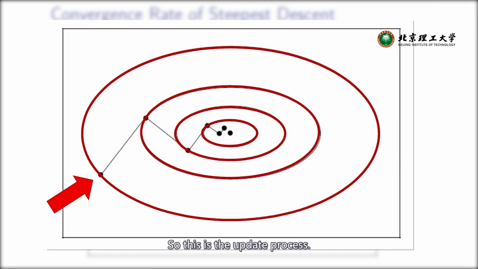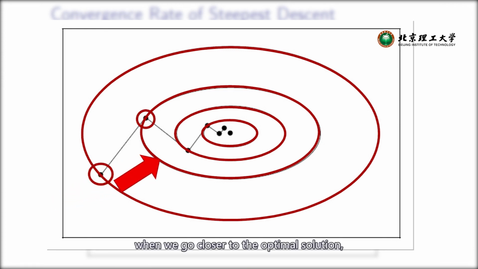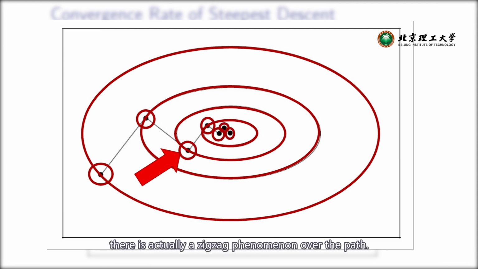This is the update process, and as we can see, when we go closer to the optimal solution, there is a zigzag phenomenon over the path. In other words, in some very bad situations, the steepest descent method may converge very slowly.